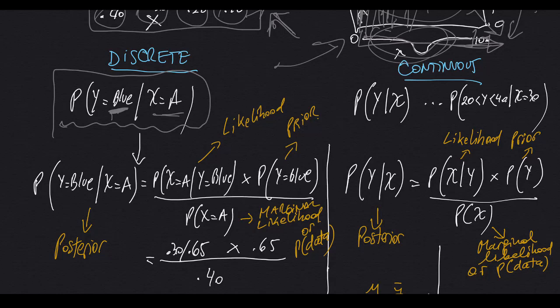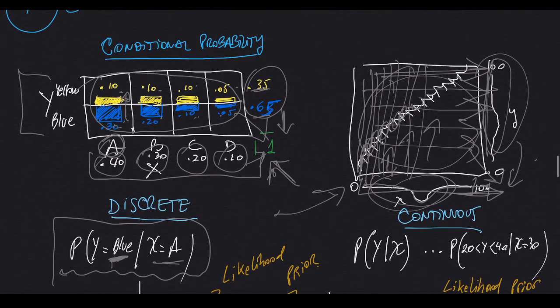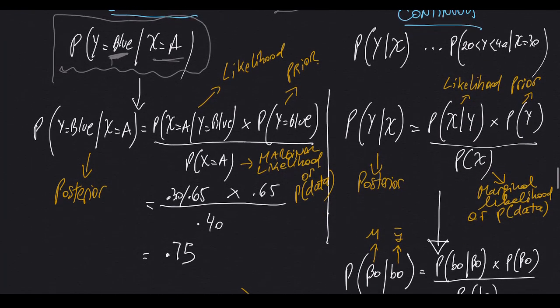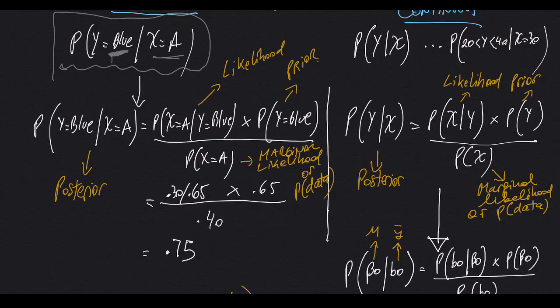In the discrete case, the Bayes theorem will produce the same outcome as what we can do by observing the values here. But I just want to show you that in order to justify that we can do the same in the continuous case.